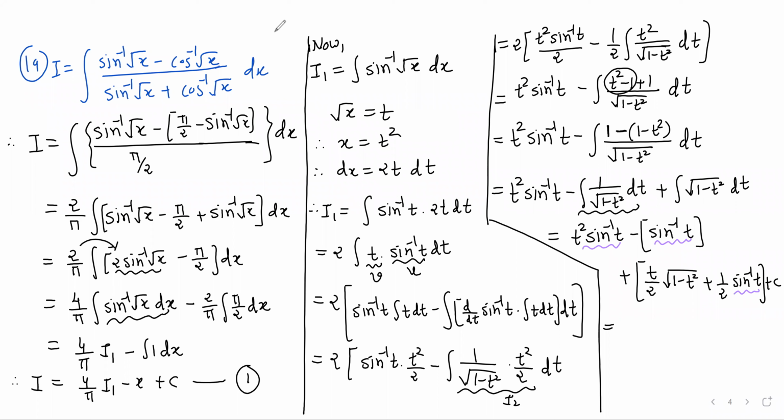All the three terms have sin inverse t, so taking sin inverse t as a common, sin inverse t into t square minus 1 plus 1 upon 2. Got it? Now the last step, plus t by 2 under root 1 minus t square plus c. Now the simplification.